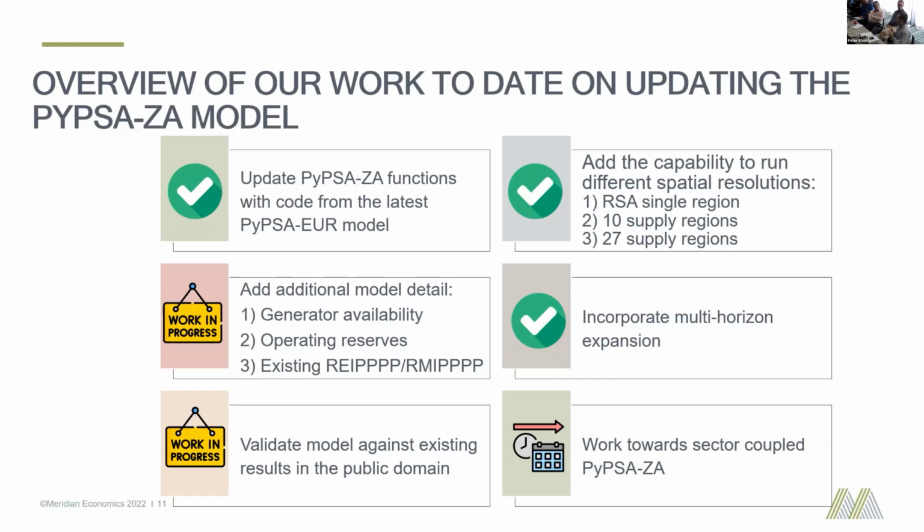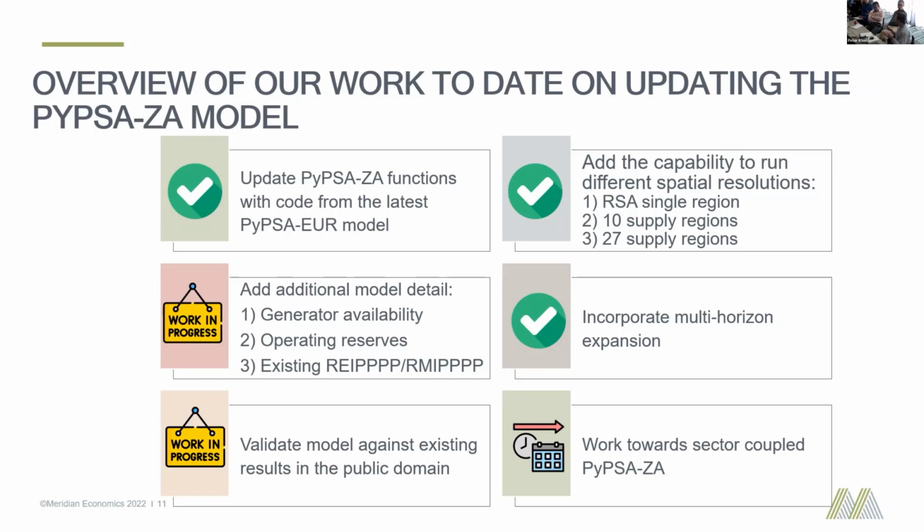Then we started on what we need to do to be able to run this multi-horizon expansion. The first hurdle is that it's going to be very computationally difficult to run 27 nodes with multi-horizon, because the computational power increases exponentially as you start adding more and more periods, especially with perfect foresight. So we added some simplified functionality into the model: in the configuration file, you can set it for single node, so you just tell it South Africa and it will collapse the whole model to a single node.